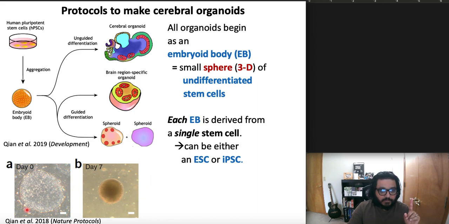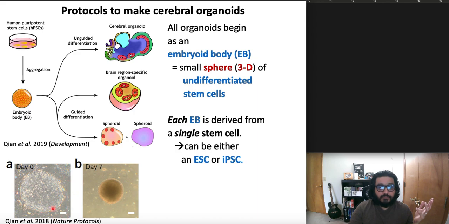Okay. Each embryoid body came from a single stem cell. So if this here essentially is a mass of stem cells, what they often do is take this mass and then triturate it, or basically break it up, called dissociate into single cells. So we'll see that often, so keep that in mind when you're reading papers. When they say dissociate into single cells, they're taking these clumps. That's how stem cells typically grow in 2D.